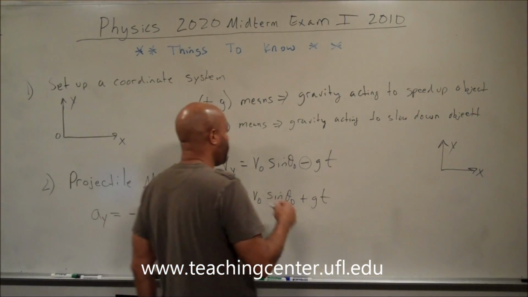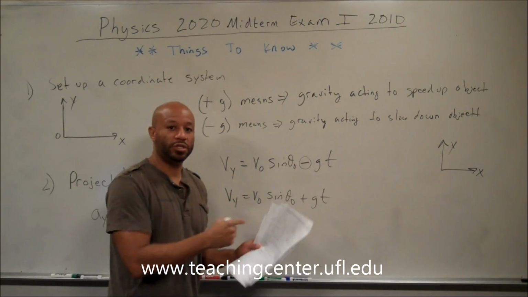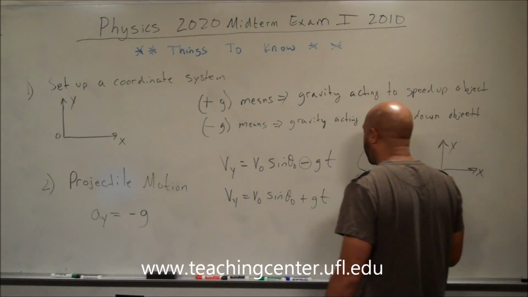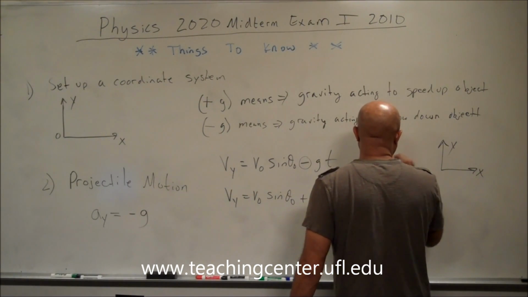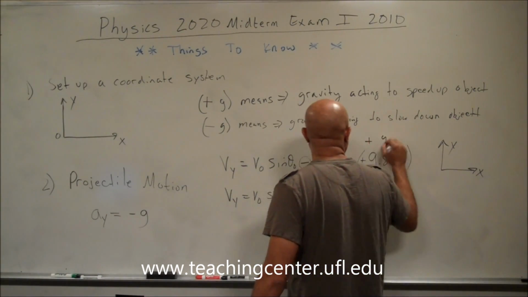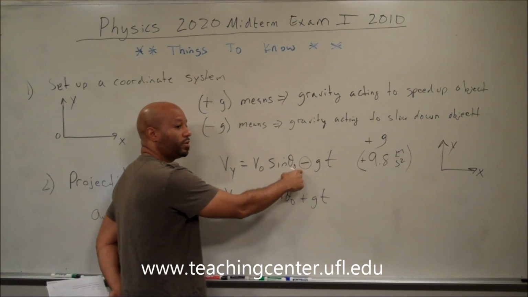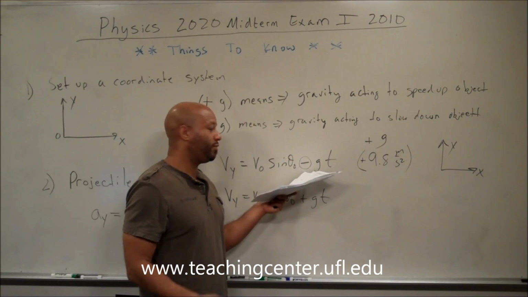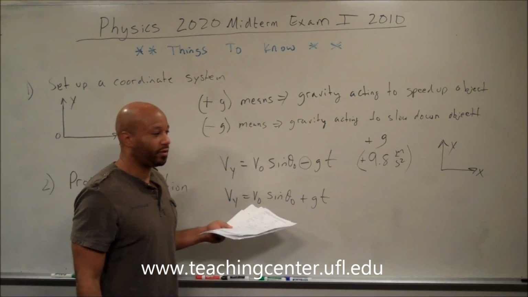So if you use this equation, which is the equation on the sheet, you don't need to substitute in a negative. You just substitute in positive 9.8 meters per second squared, or positive gravity, because if you substitute in a negative, it's going to make this positive erroneously. We're already accounting for the negative in this equation as given.